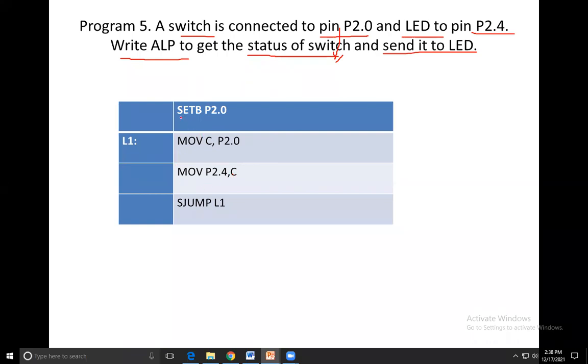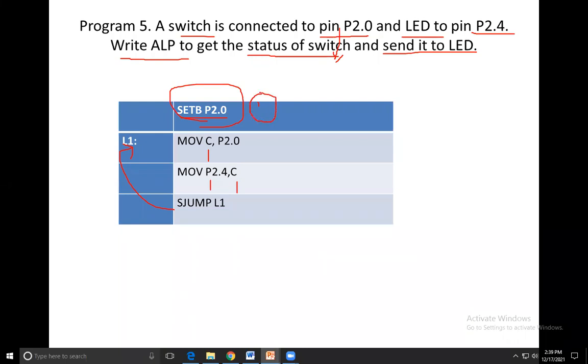Here is set bit P2.0, so P2.0 has a value of 1, this value goes to the carry flag, then the carry flag is moved to P2.4, again we jump to L1, and the same process is repeated. Always P2.0 contains a value of 1, because you have to set a value of 1.